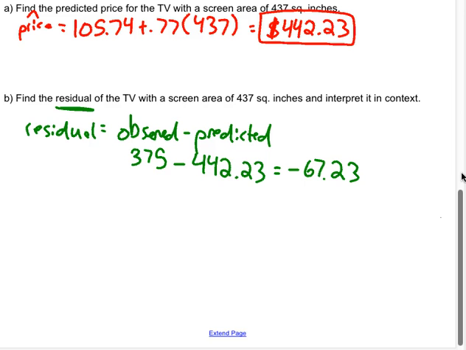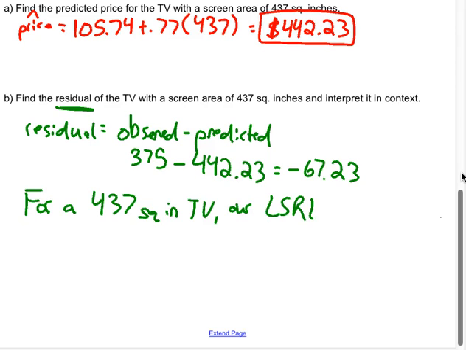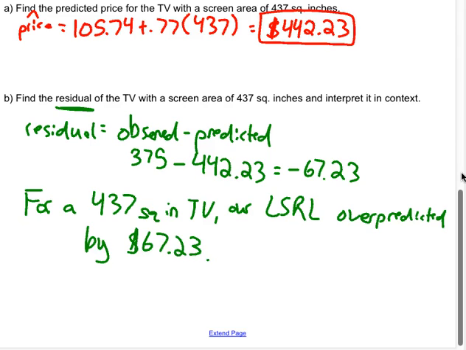So what it's saying is for a 437 square inch TV, our least squares regression line over predicted by $67.23.